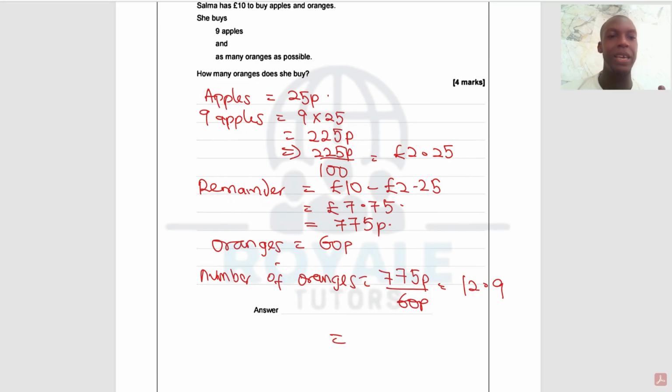But to give the correct answer to this particular question, knowing fully well that we can't buy 0.9 of an orange, we're just going to say it's going to be 12 oranges in total. And if you're buying 12 oranges, of course, you're going to have some change left with you. All right. I believe that this has provided a beautiful solution to the AQA Foundation filtered question.